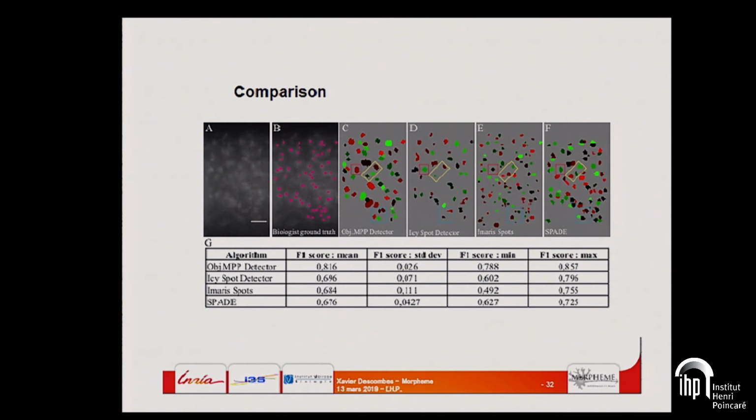And the nice point is that to get this, you need to pay 10,000 euros, and to get this, you don't have to pay. Here, in this application, if you take the previous model with dictionary, because the particles are bigger, you have very bad results. So of course, when you set your model, you have to be careful and have some information about how to do it. Maybe it's more complicated than using IMARIS, where you just have some threshold.